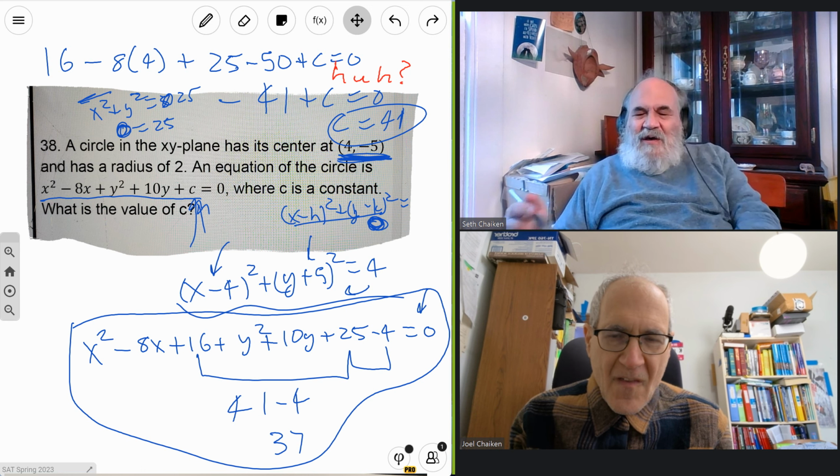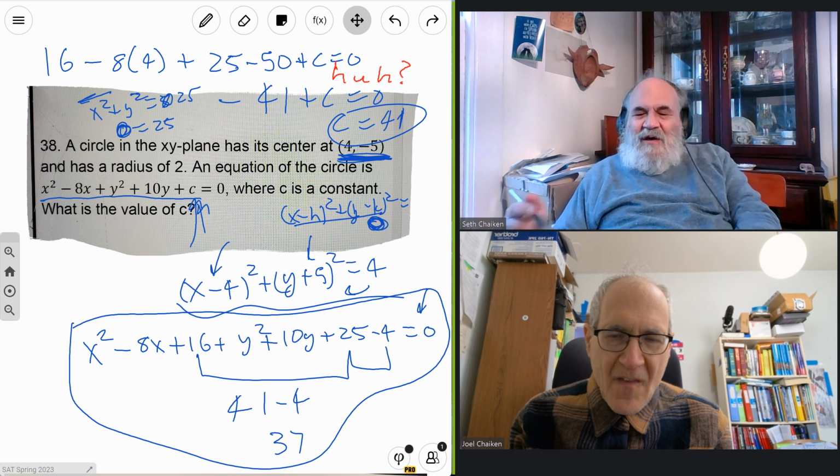So we write f of x equals (x minus 4) squared plus (y plus 5) squared, and make it into equation form, minus 4. Okay. This is f of x.